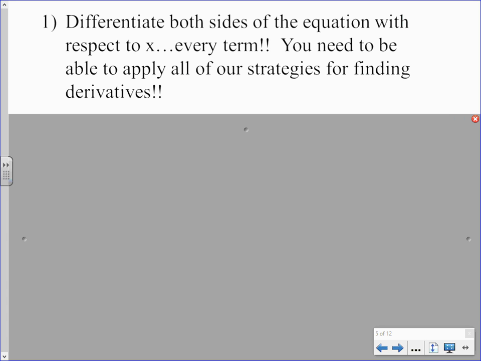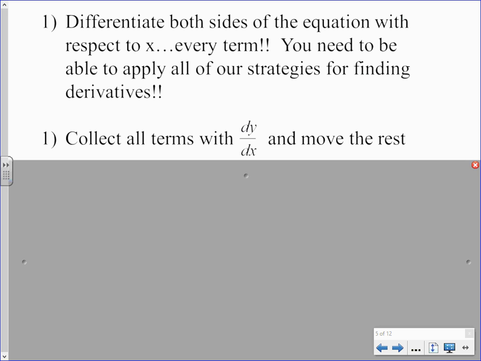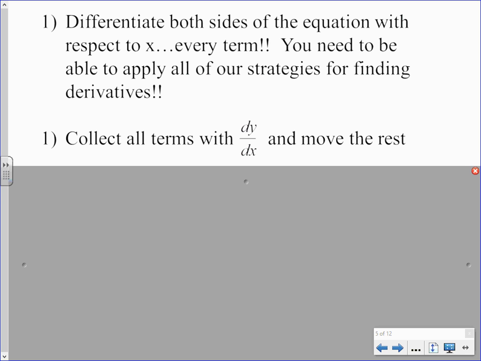When you take the derivative of both sides, every single term could potentially give you more than one term with a dy/dx. It could happen. If that happens, you want to move all the dy/dx's to one side and everything else to the other side.